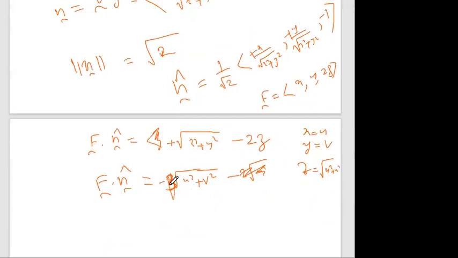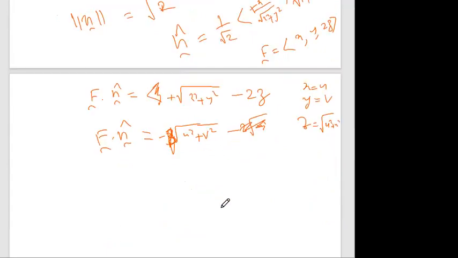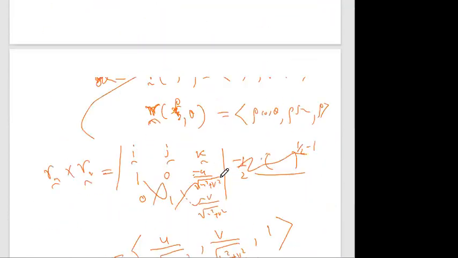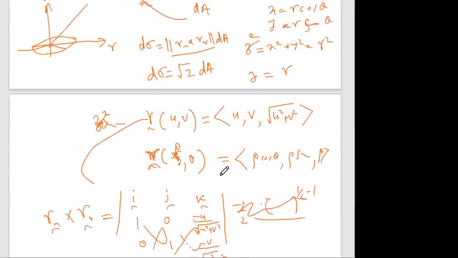Not 3, right? Negative. Is that correct? So this is negative x, u squared plus v squared. All right, well, thank you very much. Okay, so I have that bit. So negative u squared, which is okay.